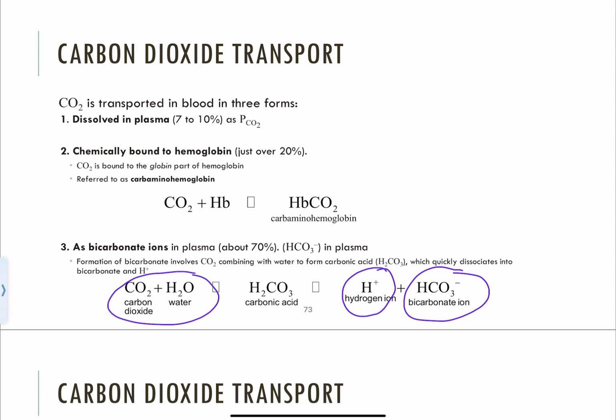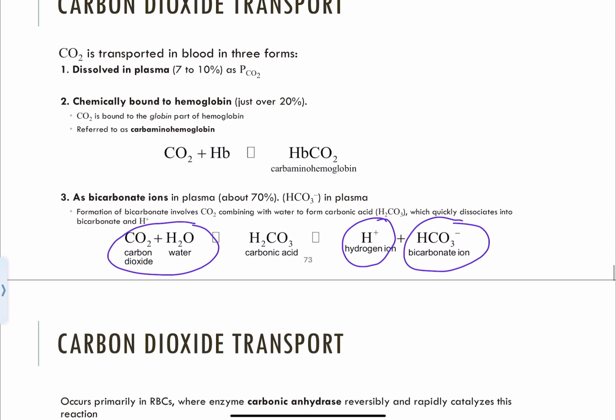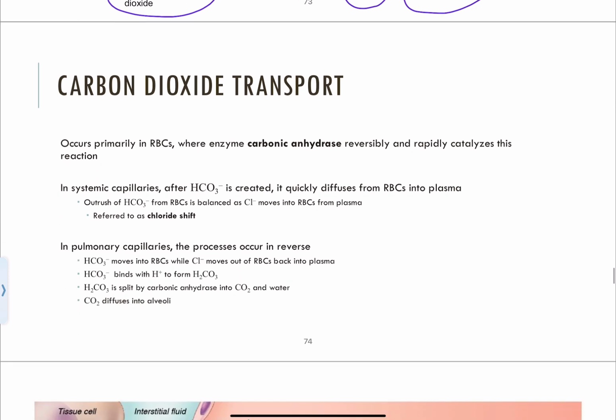The process of converting it into a bicarbonate ion occurs in an erythrocyte. Why does it occur in an erythrocyte? Because that's the location of the enzyme needed to convert it into a bicarbonate ion, and that is carbonic anhydrase. So the enzyme responsible for catalyzing this reaction or conversion of carbon dioxide is inside the erythrocyte itself.